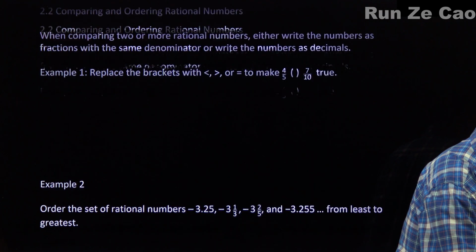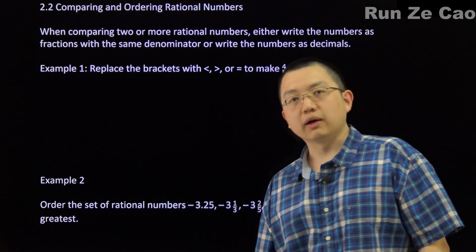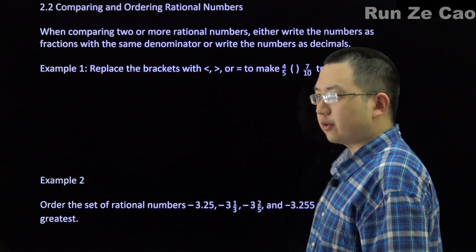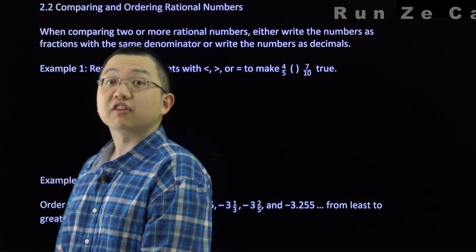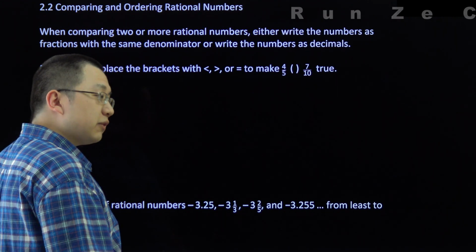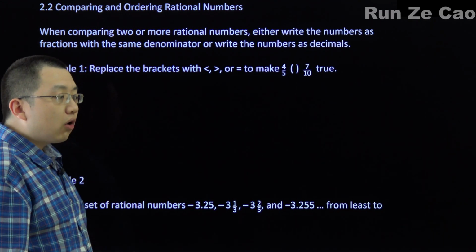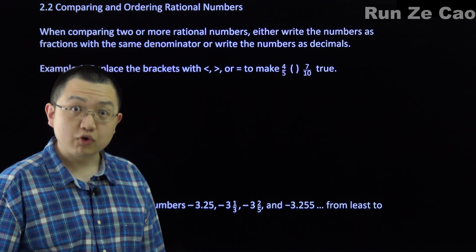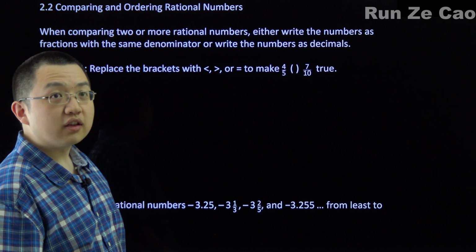Now suppose we are comparing and ordering rational numbers. If you've got to compare rational numbers, so things that can be expressed as fractions, you can either convert them to fractions with the same denominator, or write the numbers as decimals, or if they already have the same numerator, you can compare the denominators.